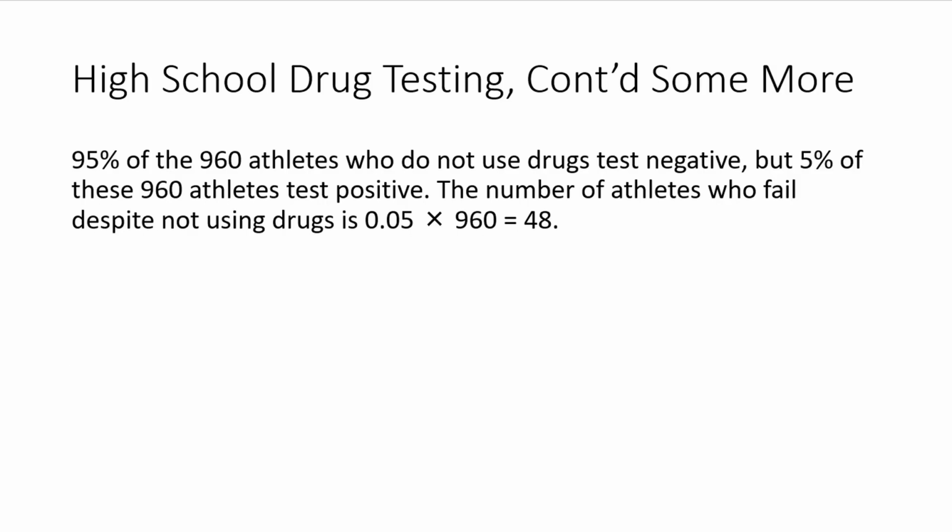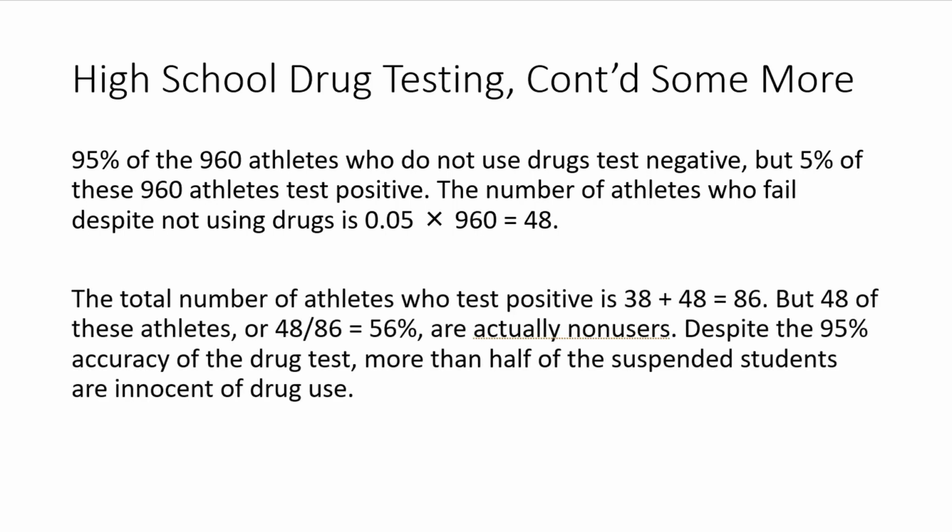Now, 95% of the 960 athletes who do not use drugs test negative, but 5% of these 960 athletes test positive. The number of athletes who fail despite not using drugs is 0.05, which is 5%, times 960, or 48 students.